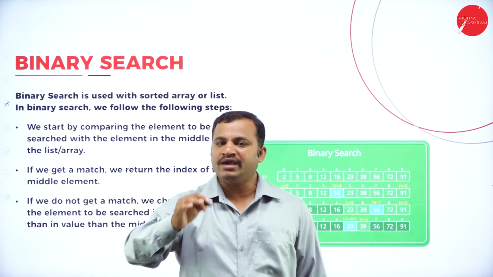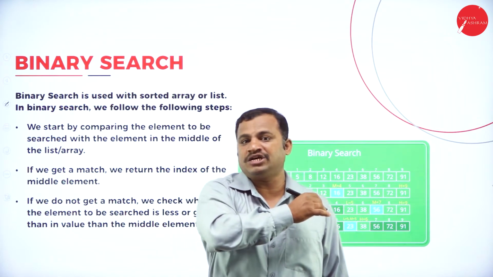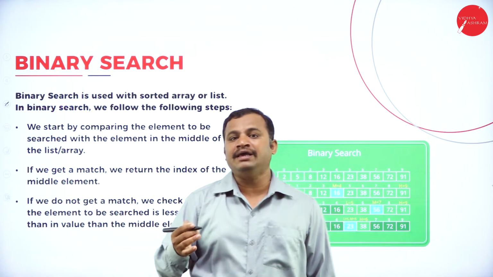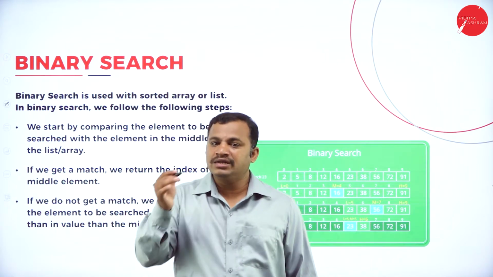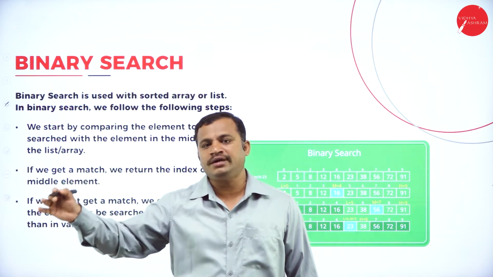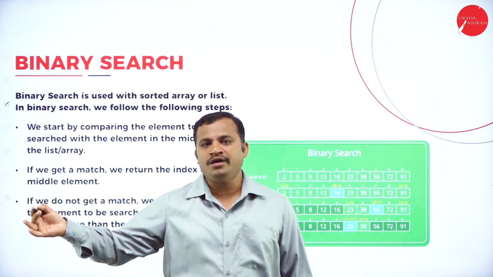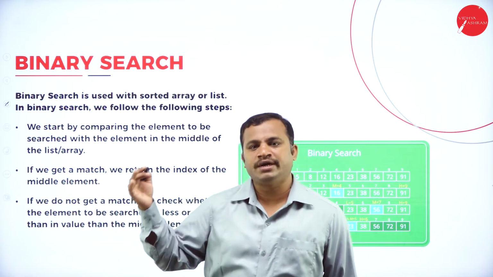Then only we can apply the binary search algorithm. Whereas in the case of linear search, it is possible to apply the algorithm even when the elements are not in sorted order, that is, in unsorted order as well.